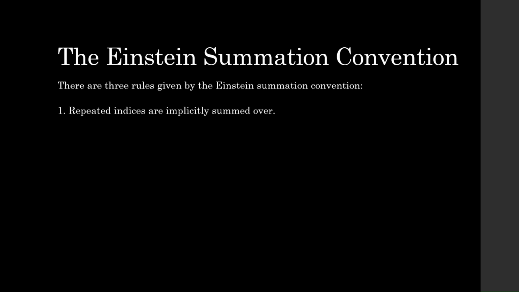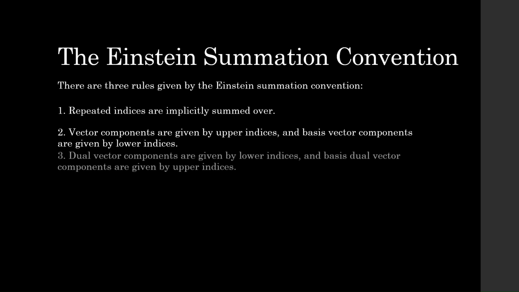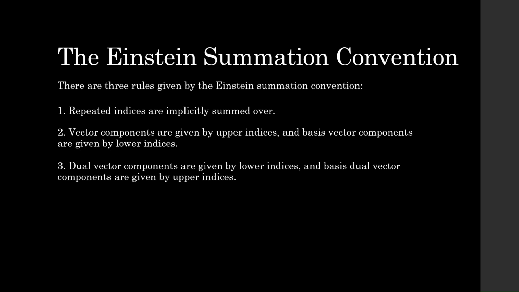Repeated indices are implicitly summed over, as we just saw in the last example. 2. Vector components are given by upper indices, and basis vector components are given by lower indices. 3. Dual vector components are given by lower indices, and basis dual vector components are given by upper indices.